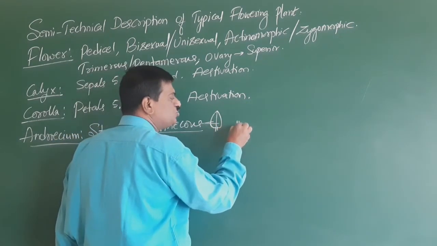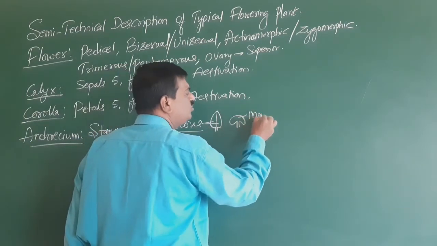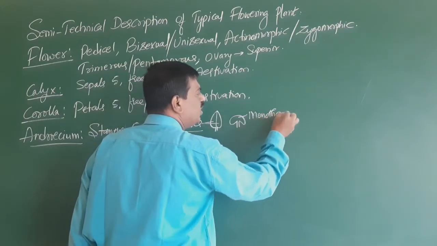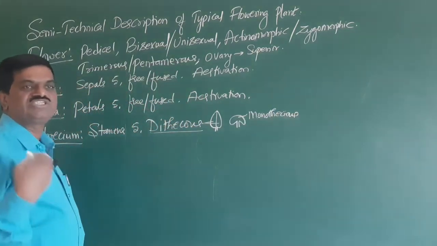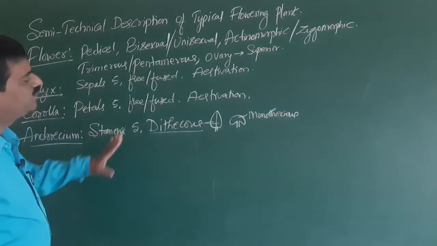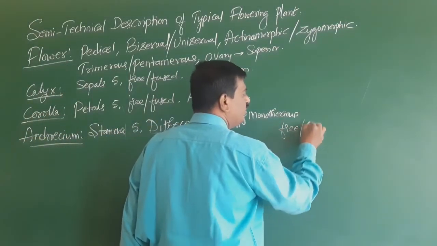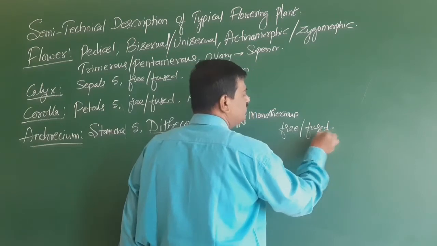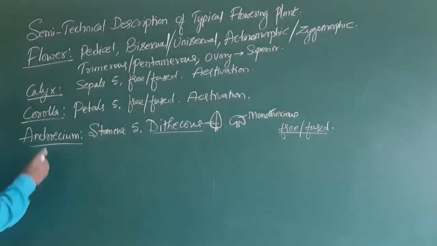When a stamen has only 1 lobe like this, it is called monothecous. And how it is being fixed, whether basifixed or dorsifixed, all that should be written. And again, whether they are free or fused, and what type of adhesion, all that should be mentioned in the androecium.